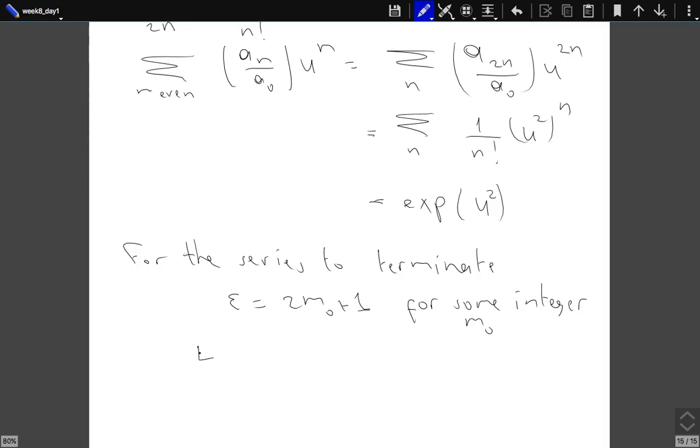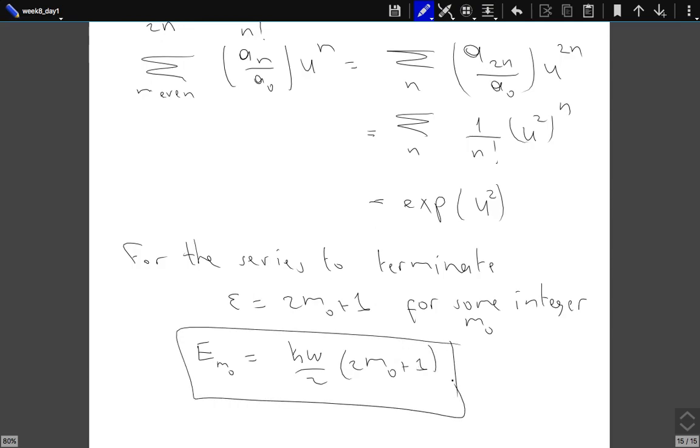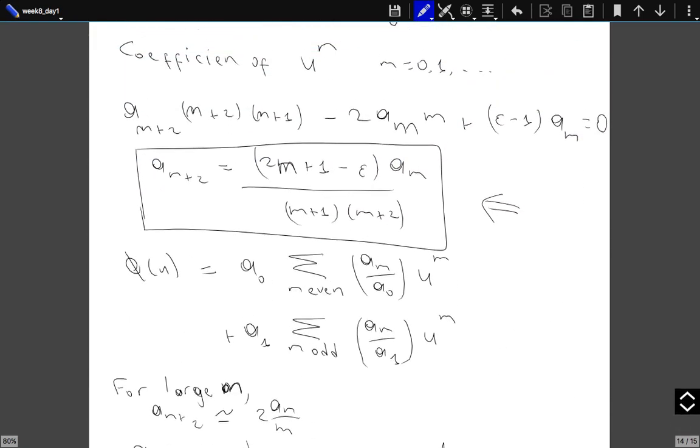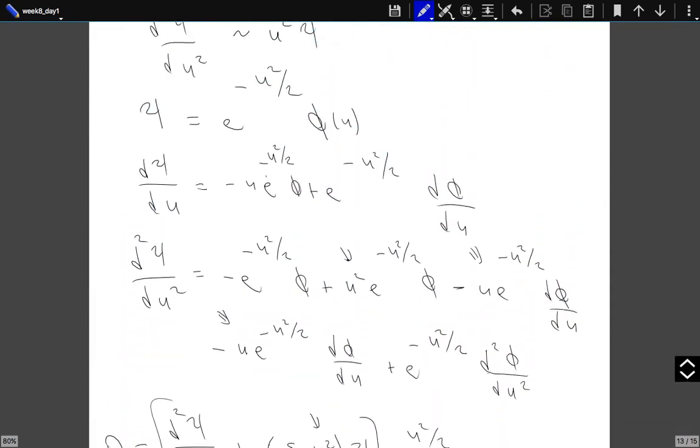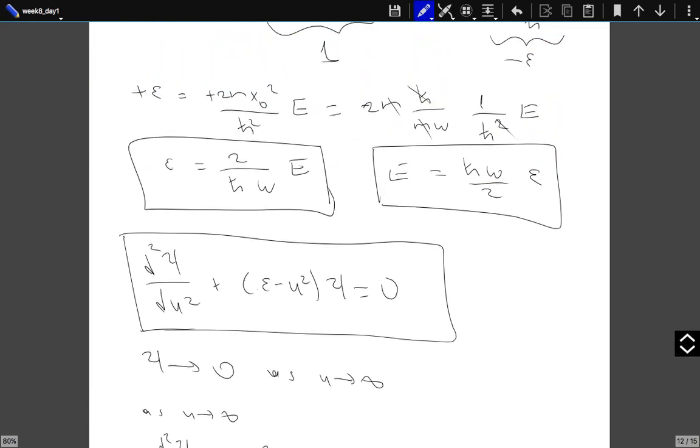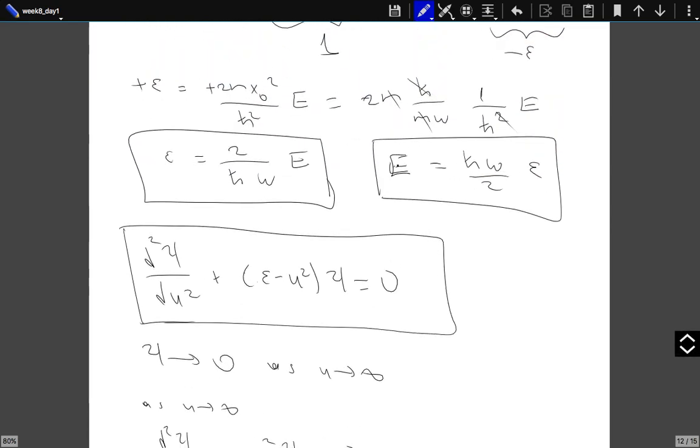And hence the energy of this level will be h bar omega over 2 times (twice m0 plus 1). So again, imposing the normalizability gives us discrete energy eigenvalues. And how did I write this one? Well, if you go back, this is how the energy of my eigenvalue relates with this parameter epsilon.